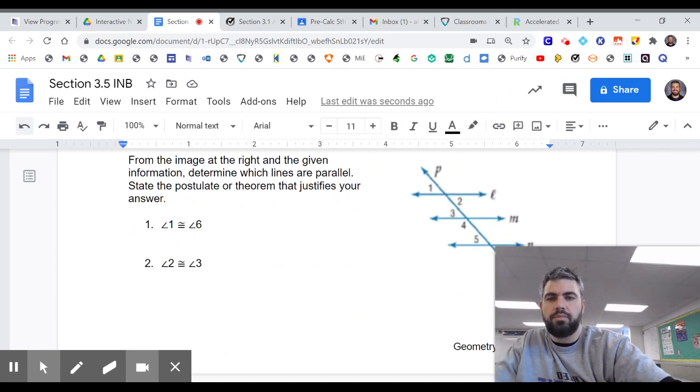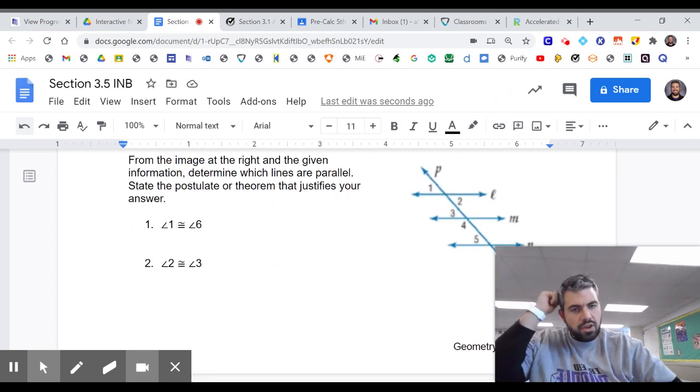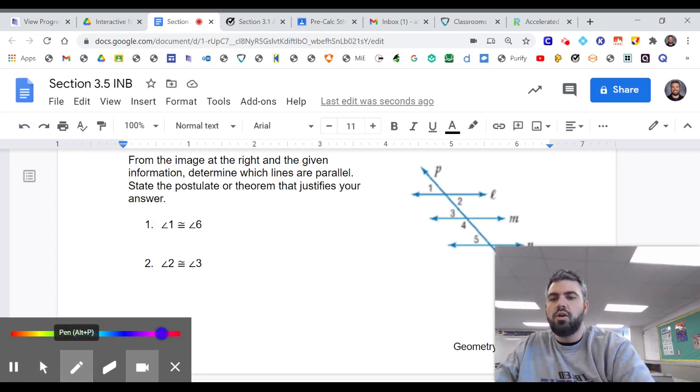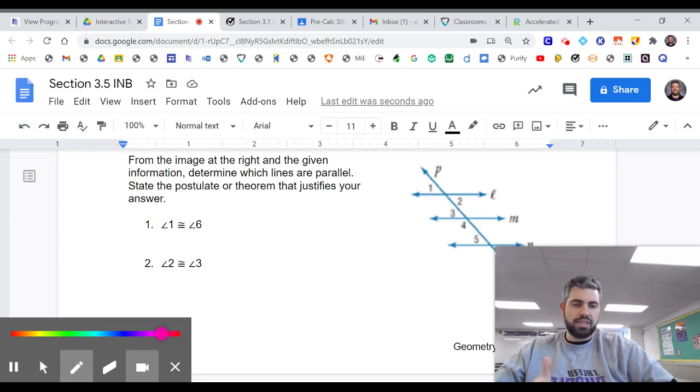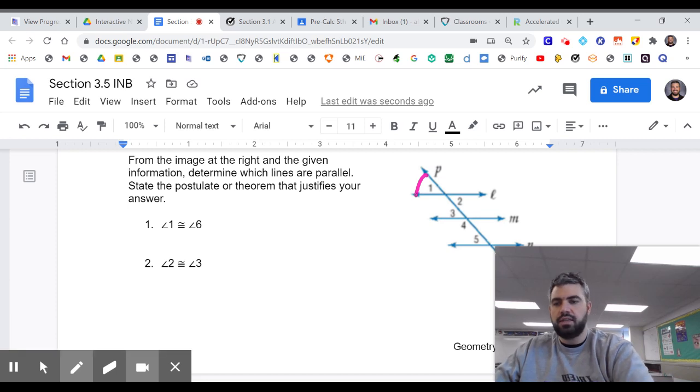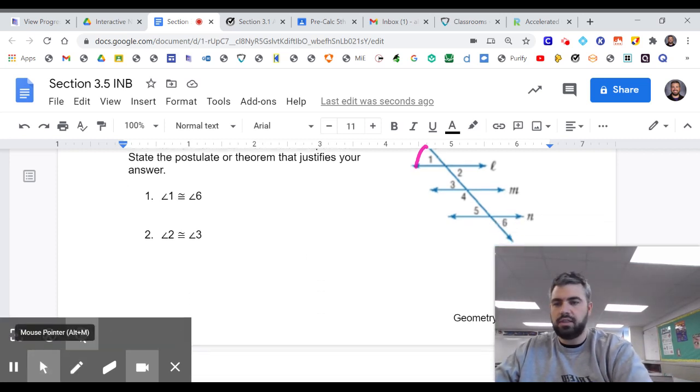All right, so here we go. From this image right here, our job is to determine if the lines are parallel, and if they are, which postulate or theorem would make it true. So if we look at this one, they tell us that 1 and, I guess you can't see 6 right there, 1 and 6 are congruent.